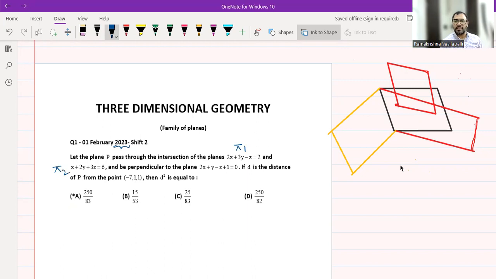They are meeting along a line L. This is the line L. Let P pass through the intersection of these two planes. This is the plane P, the black one.